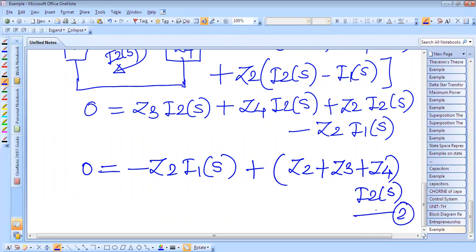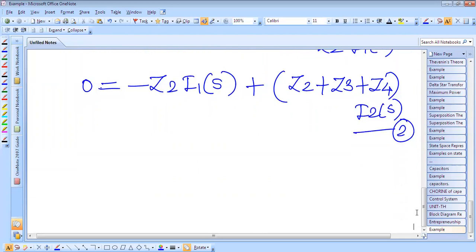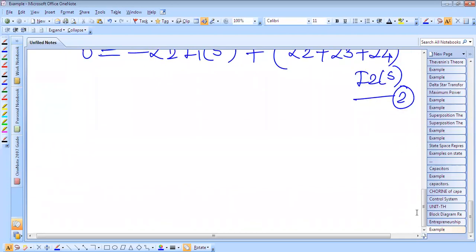Okay. Again, one more equation is there, that is the output voltage which is there for the circuit.